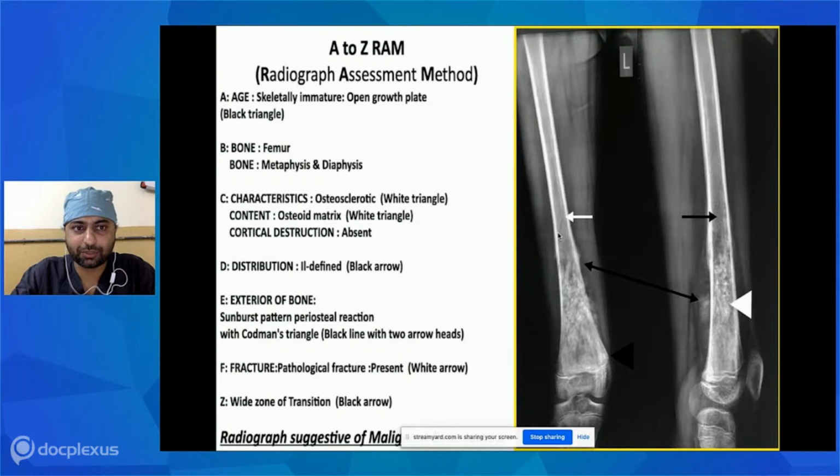B, bone: femur, metaphysis and diaphysis. It's an osteosclerotic lesion with osteoid matrix and cortical destruction, ill-defined, with a sunburst type of periosteal reaction, with a pathological fracture, with a wide zone of transition. So all these findings suggest that it's a malignant bone tumor, and most probably an osteosarcoma of the femur.